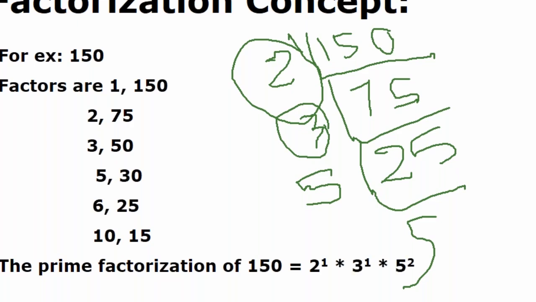To find the number of factors easily, we need to convert the given number into the product of the prime numbers. Get it, all of you? Write down point number 1.